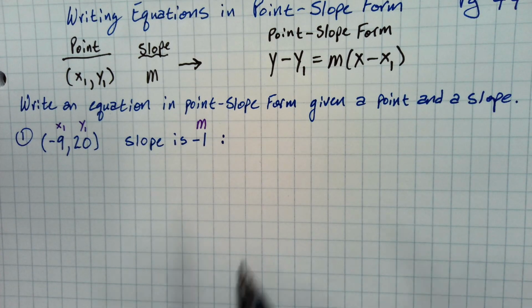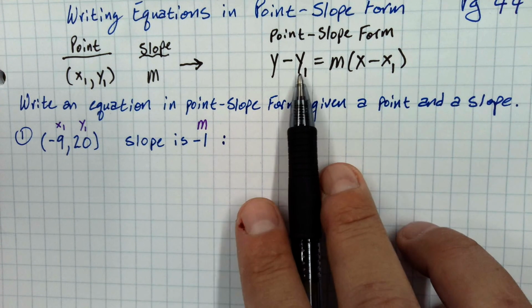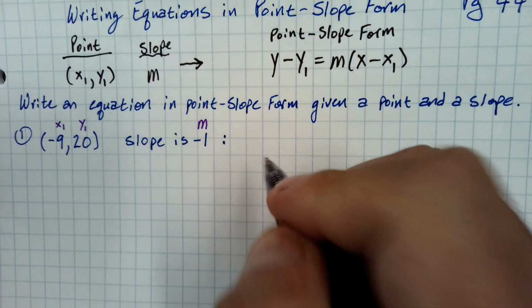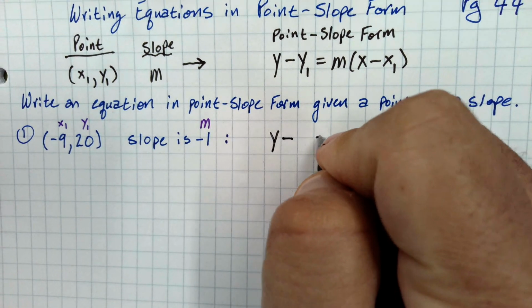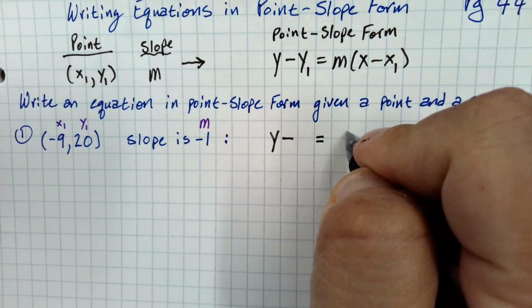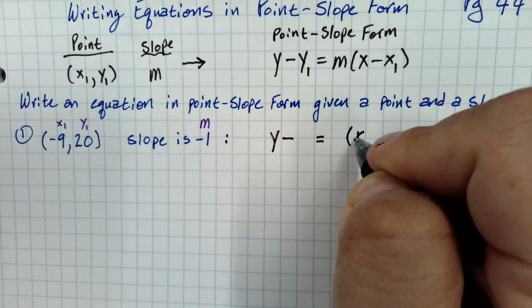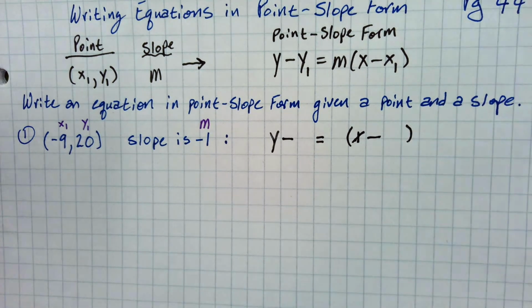So we're going to start it off like this. We're going to rewrite this form, but we're going to leave blanks where y1, m, and x1 are. In other words, we're going to write it like this: y minus, leave a space there. After the equal sign, leave a space, parentheses x, minus sign, and then leave a space, and then close the parentheses.